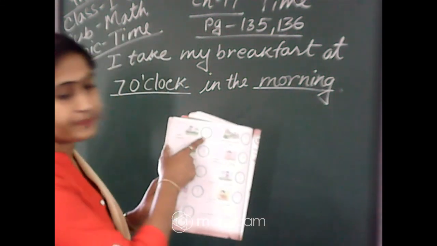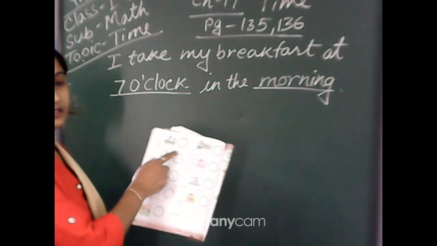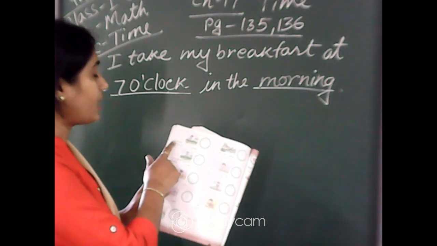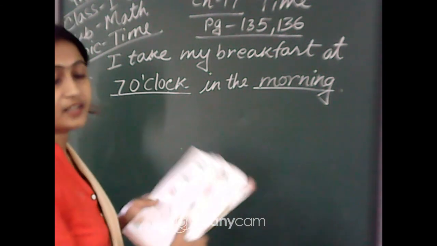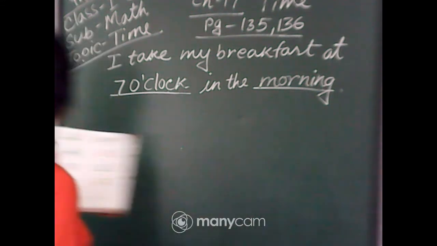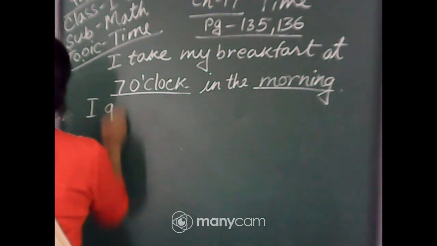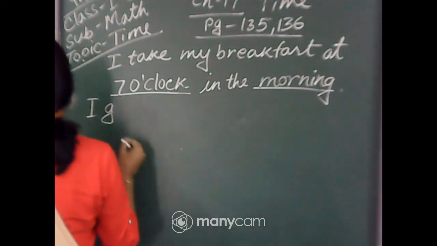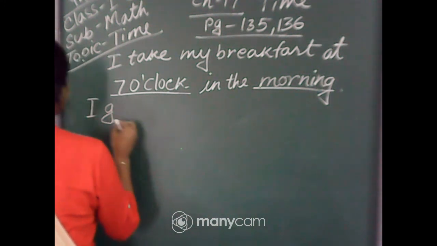What is the time in this clock? What does the time show? The time is 8 o'clock. I go to school at 8 o'clock in the morning. Write down. I go to school. This is done, only the blank portion. You just write 8 o'clock in the morning.